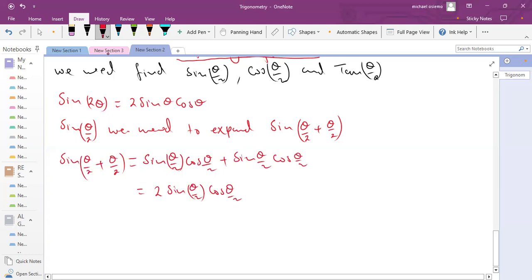And this is equal to sin of theta over 2 plus theta over 2, which is sin theta.